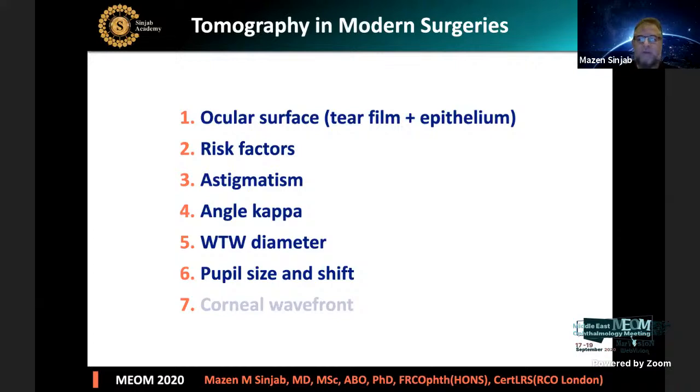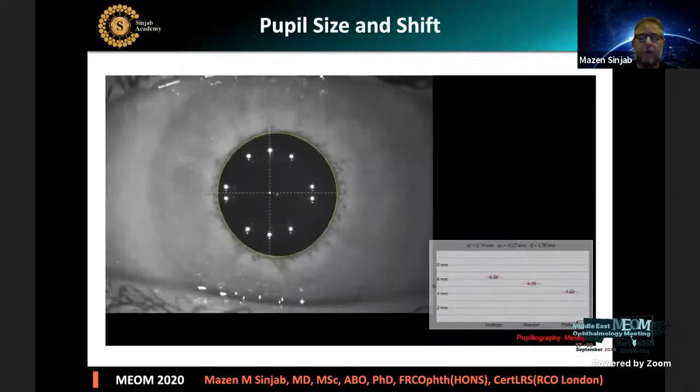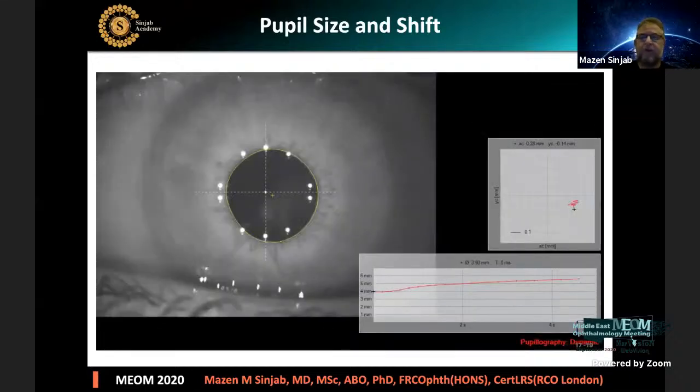We come to pupil size and shift. It's very important to measure the pupil size in the scotopic, photopic, and mesopic, in addition to dynamic. Why is dynamic very important? Because the dynamic will give us the range that the pupil center has changed or moved during the dynamic. Now, if it is within 0.1 to 0.2 millimeters, that's okay.